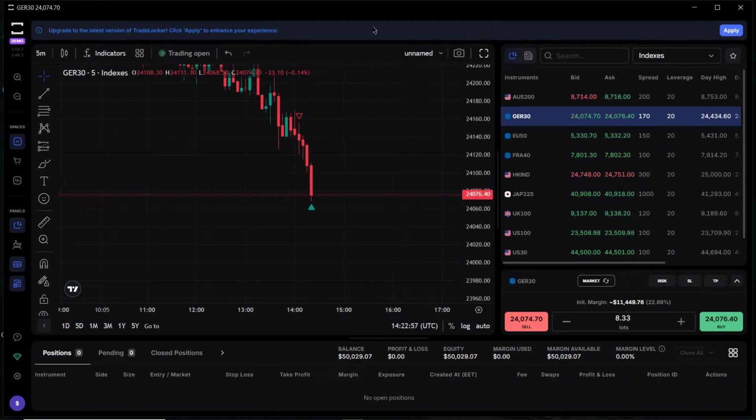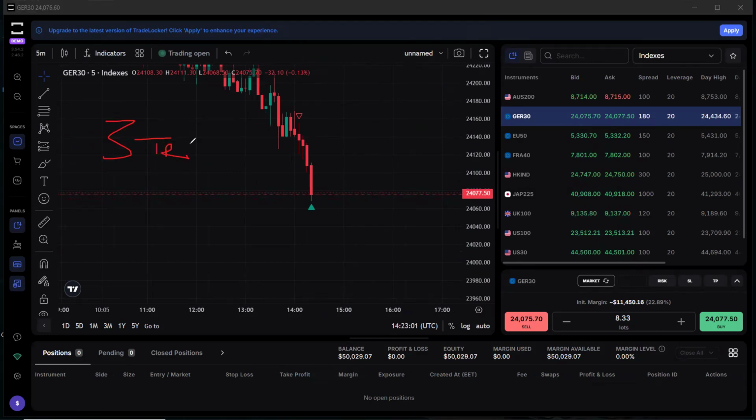So this account, 3 trades taken. Trade number 1, loss. Trade number 2, break even.